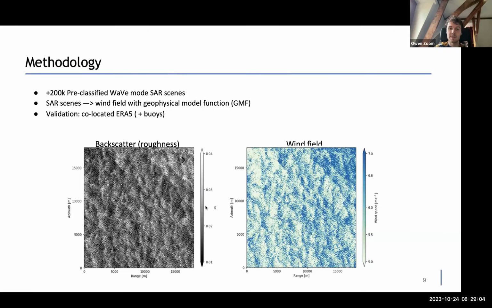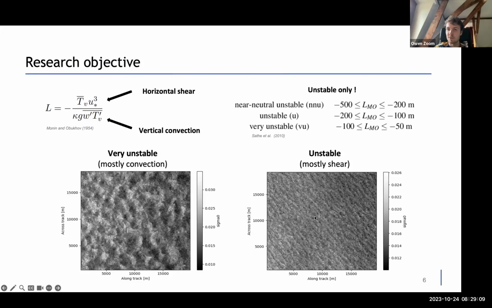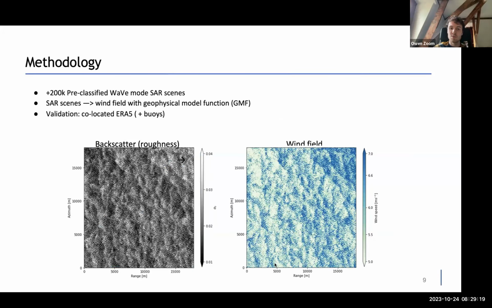Either you could estimate that wind direction from the scene itself. For instance, if we have streaks, we know that the streaks tend to be aligned with the wind direction, so we kind of have an estimate there, but not so much for cells. So for consistency's sake, we rely on the wind direction from ERA5, which again introduces an error here, which I guess you're hinting at in your question by referring to fine scale wind direction.